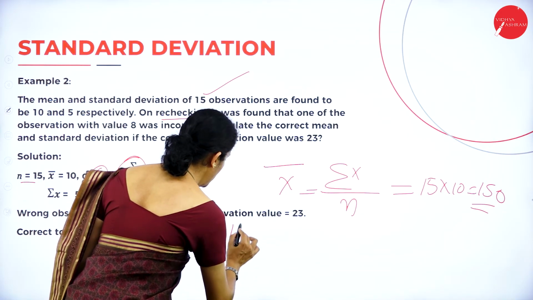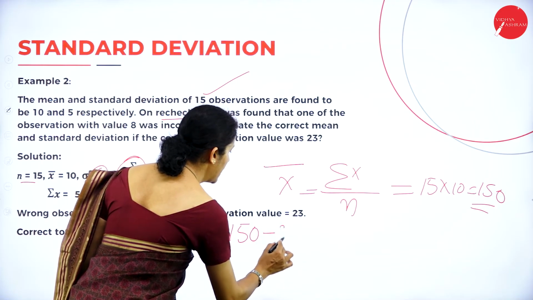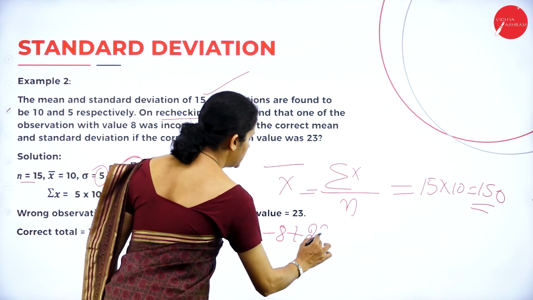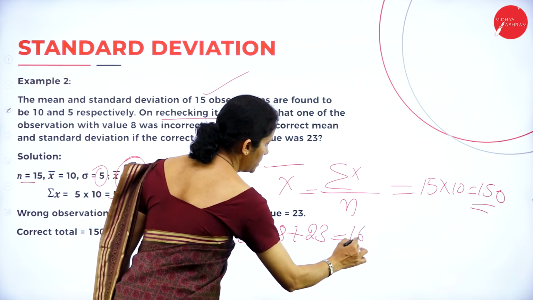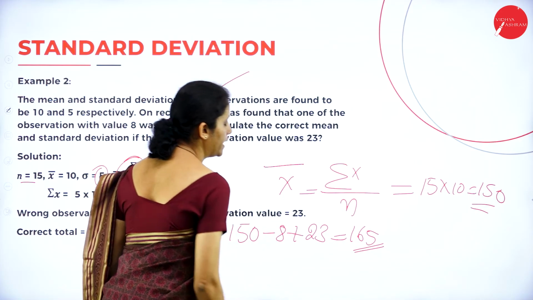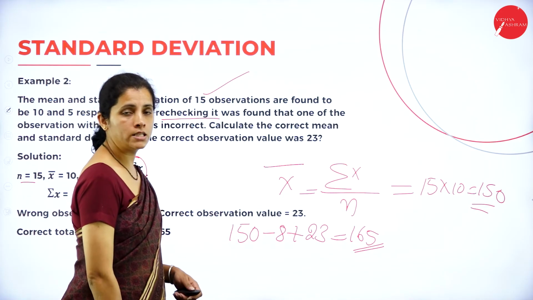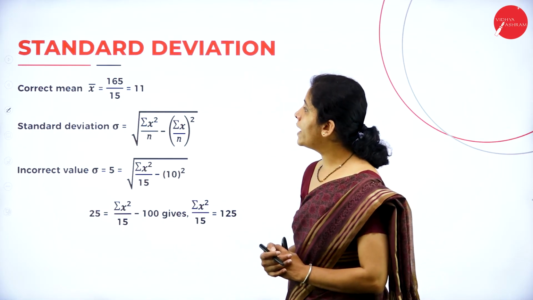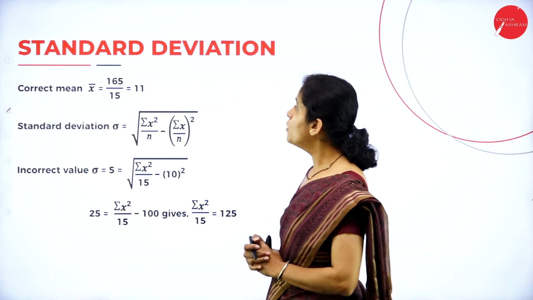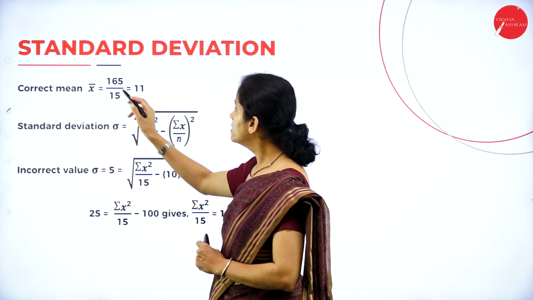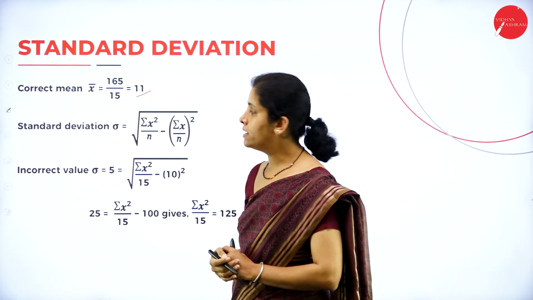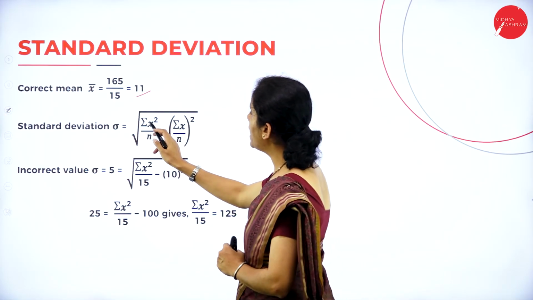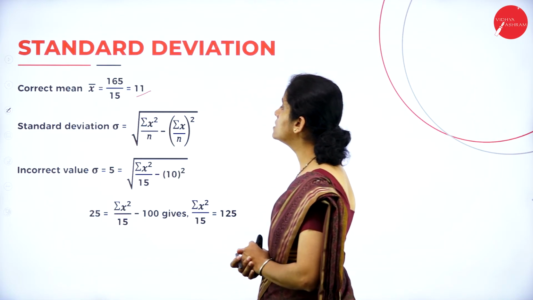So 150, wrong is 8 and the correct one is nothing but 23. So I'm going to get the answer 165. So what is the correct answer? It is 165. Now what I want to do? I want to find the correct mean. So when I find the correct mean, that is 11. And if I find the standard deviation, it is the square root of sigma x square by n minus (sigma x by n) whole square.